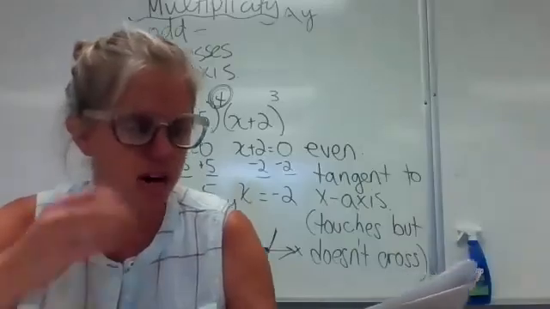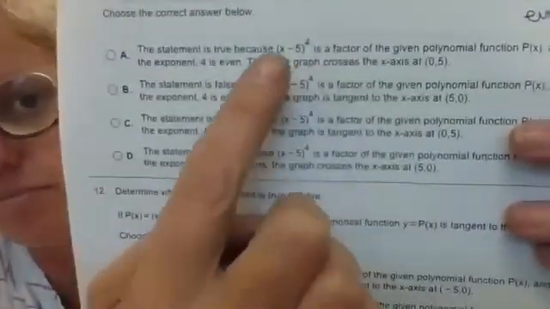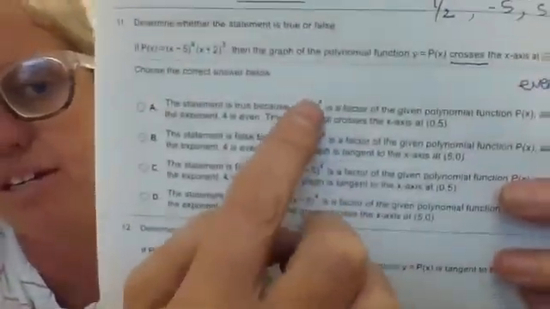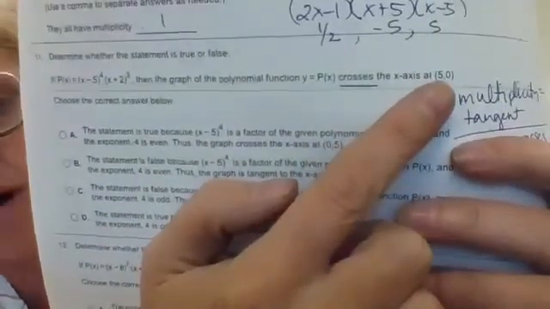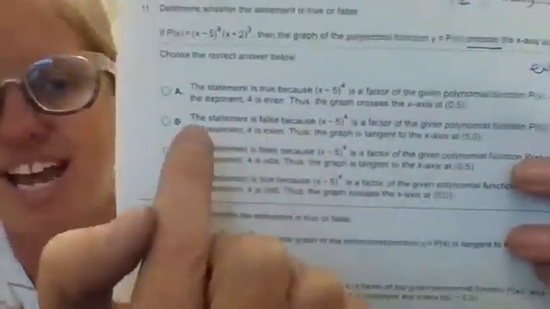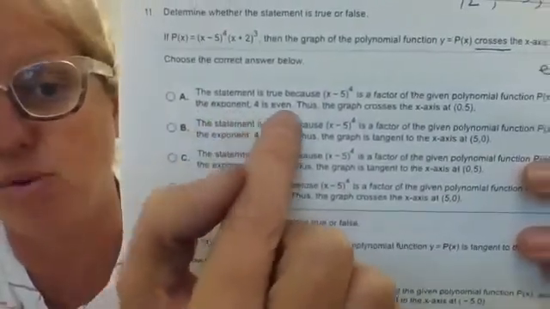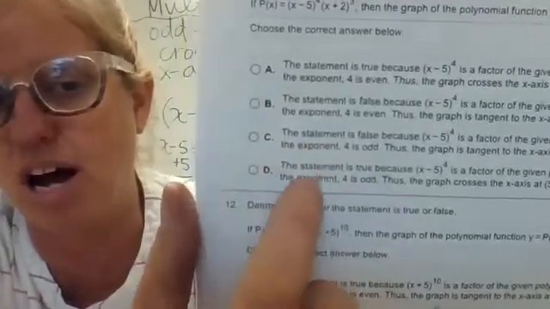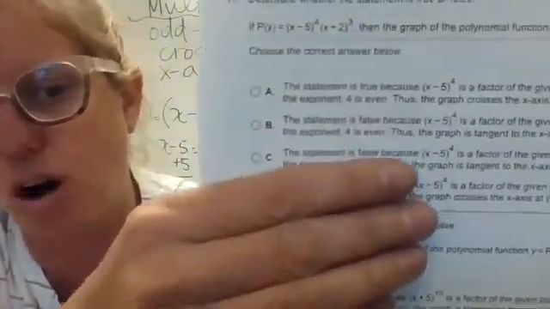So you have to find where it goes through. On all these, X minus 5, that's where the zero comes from, right? That's where this 5 comes from. Its multiplicity is 4, which is even. Look at what these say. Exponent 4 is odd, exponent 4 is odd. So those are wrong.